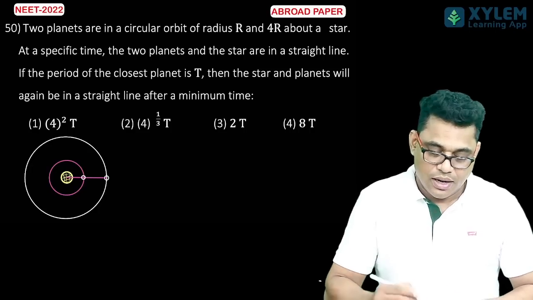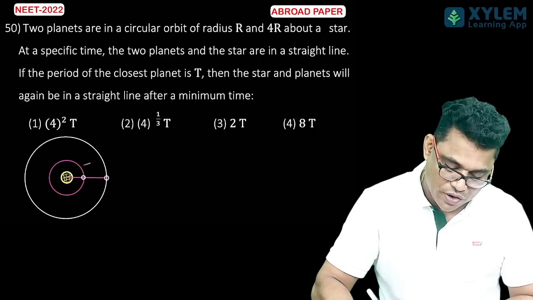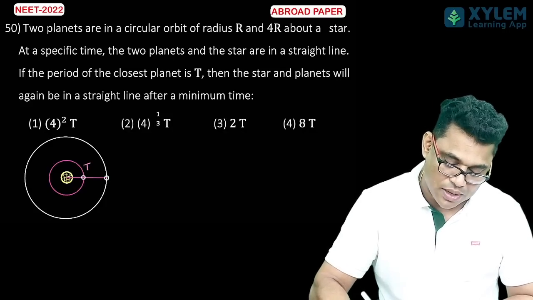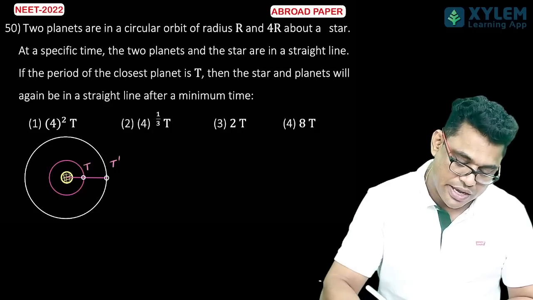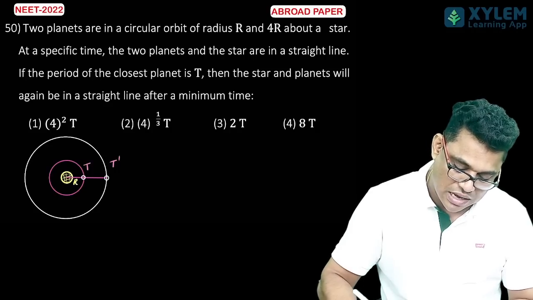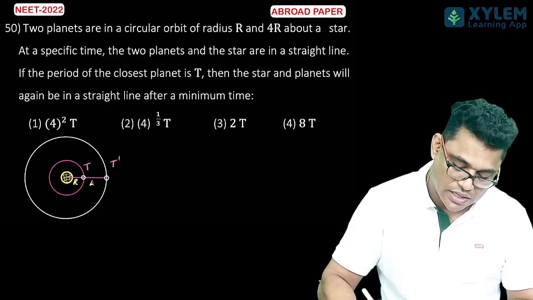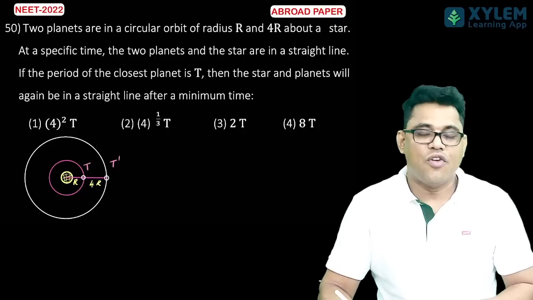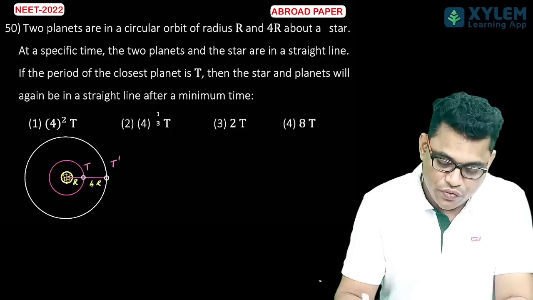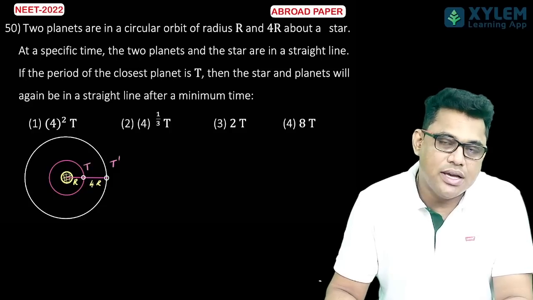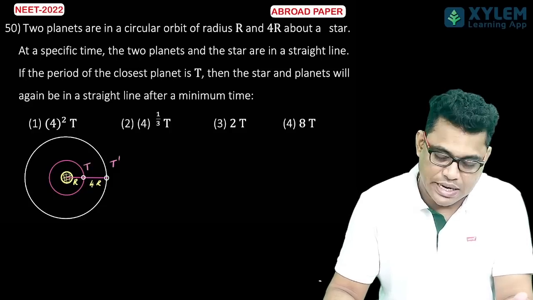Here it has been given that the time period of the inner planet is T. The outer planet's time period we don't know, let us take it as T dash. The radius of the inner planet is r, and the radius of the outer planet is 4r. How will you find T dash? We know the square of the time period is directly proportional to the cube of the radius.